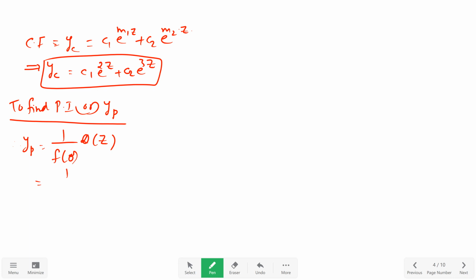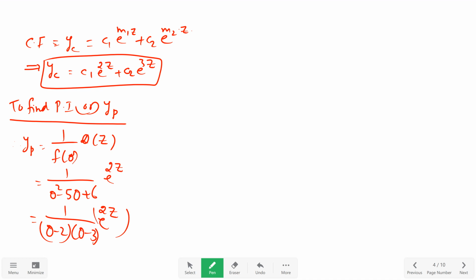That is equal to 1 by theta square minus 5 theta plus 6 into e to the power of Q of z, which is the RHS value of equation 3, e to the power of 2z. That is equal to 1 by theta square minus 5 theta plus 6, which can be written as 1 by theta minus 2 into theta minus 3, into e to the power of 2z.